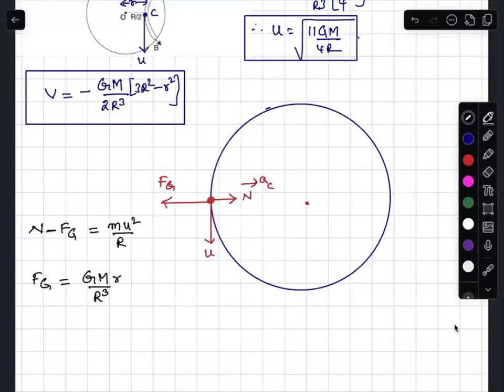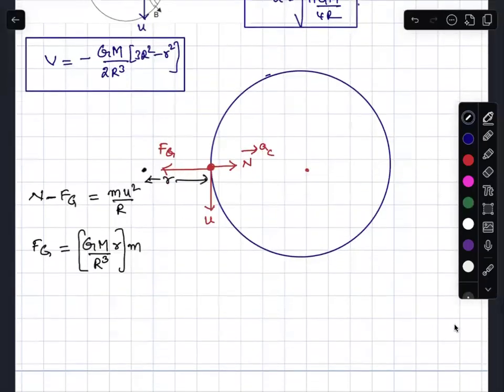Inside, at a point at distance r from the center of the Earth, the intensity of the gravitational field is GM by R cube times small r. That is the relation. Do you remember this? Intensity of gravitational field into mass. Now you substitute.